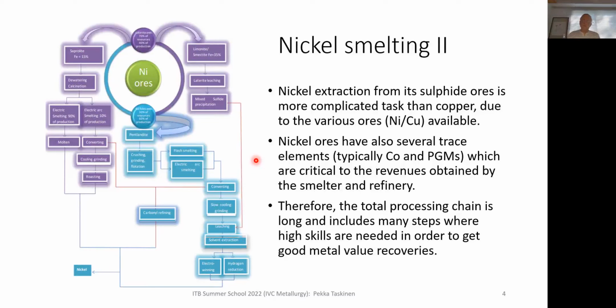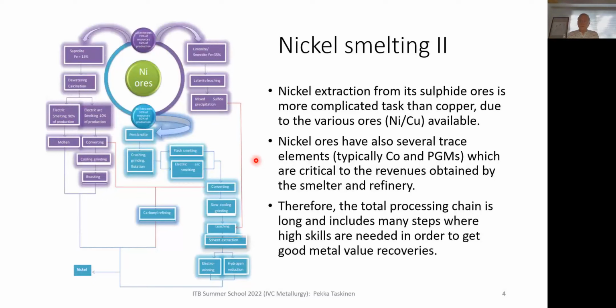It's not so much about the pyrometallurgy. But then nickel ores are important sources of many minority elements and trace elements. Most of the cobalt in the world comes from nickel ores, and most of the platinum group metals are also coming from nickel production.